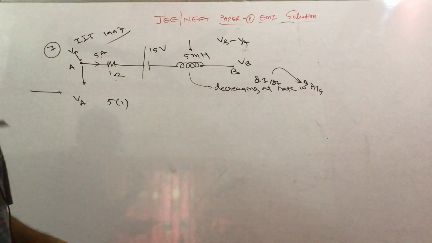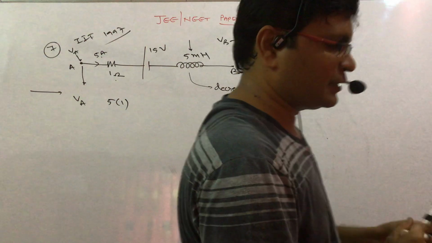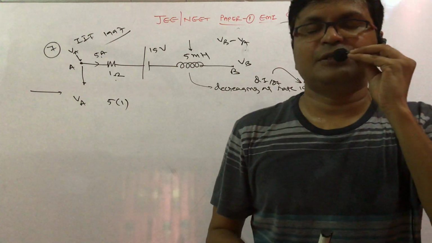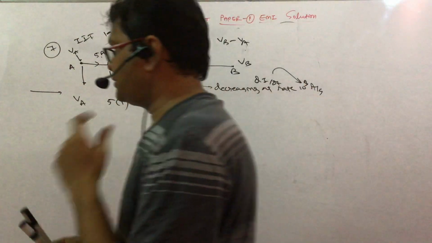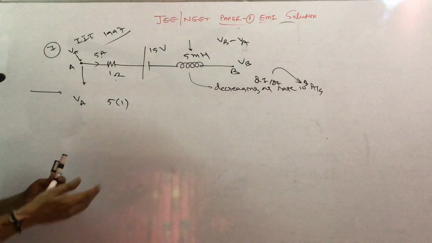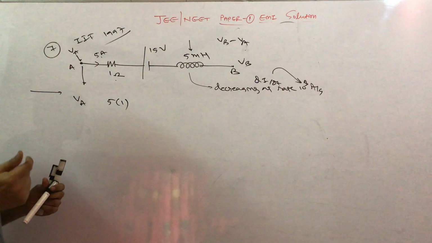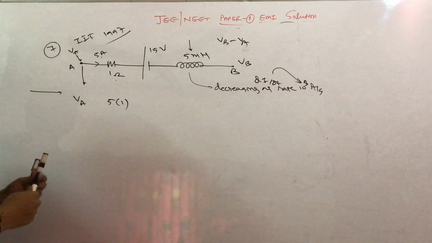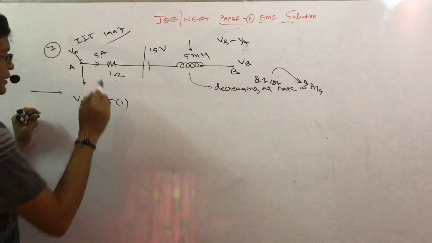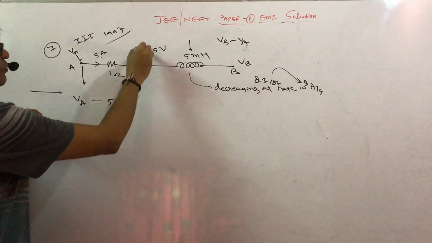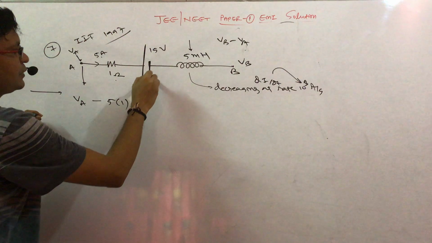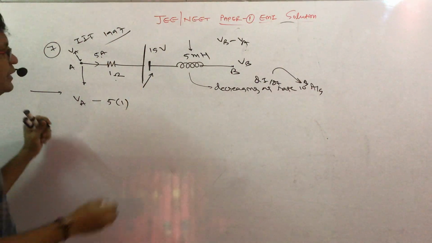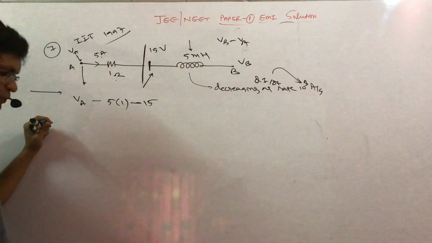Current along the journey, chapter number 3, you know that very well, the potential difference is negative. If opposite to the current, it is positive. But here the current is along with us, so minus. Now there is a battery, you are moving from the positive pole towards the negative pole. In short, there is a drop of voltage, so we have to consider minus 15.